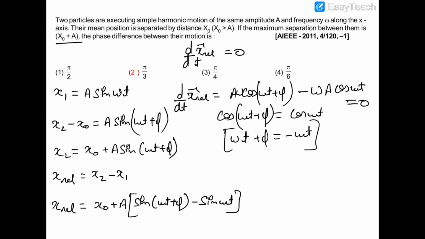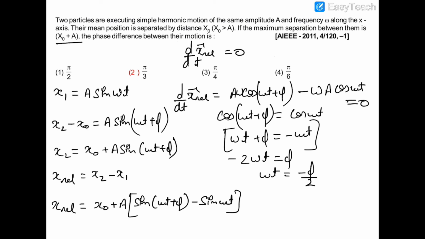If this relation exists between them, then also cos(omega t plus phi) would be equal to cos omega t. So this gives 2 omega t is equal to minus phi, and omega t is equal to minus phi by 2.